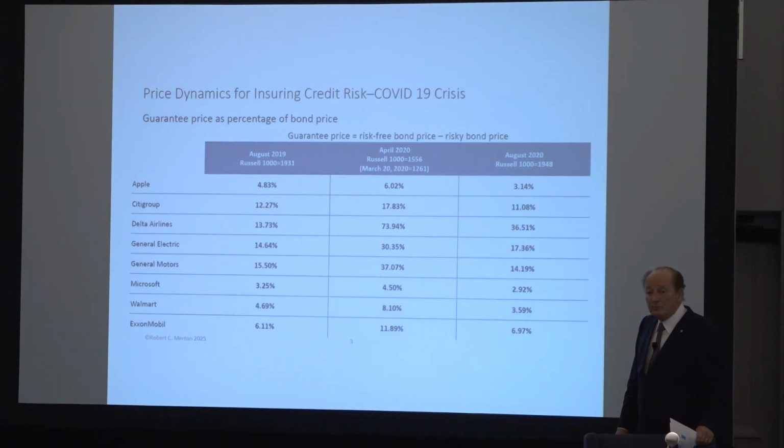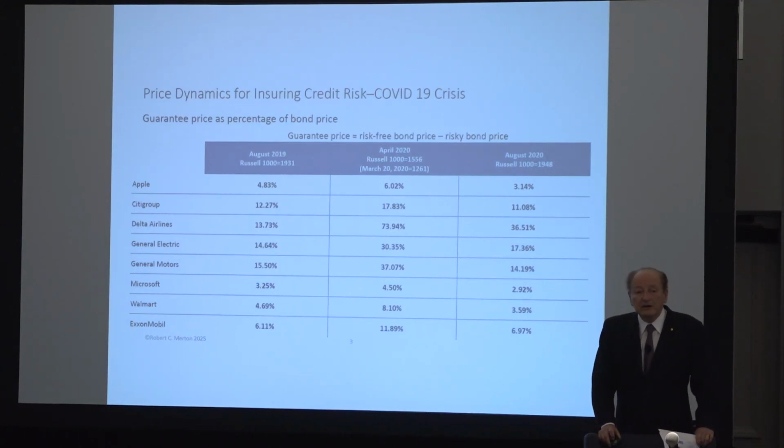It's not 2 basis points or something like that. It's 5%. This is in, quote, normal times or non-COVID times. And you could see the numbers here. They range from 4 for Walmart, up to roughly 15%, okay? So everybody see that?